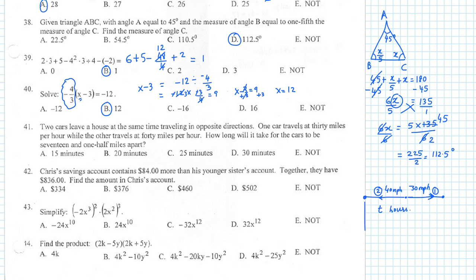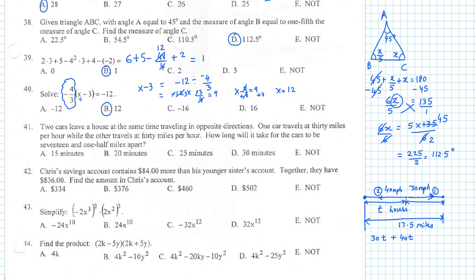We know that in t hours, the total distance covered by the cars is 17.5 miles. So the distance that is covered by the first car is this, and this distance is equal to 30 times t. The distance traveled by the second car is from this point to this point, and that's equal to 40 times t.